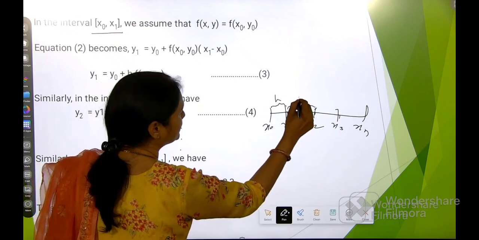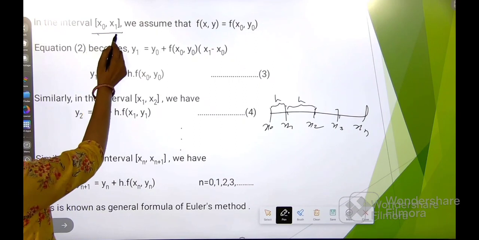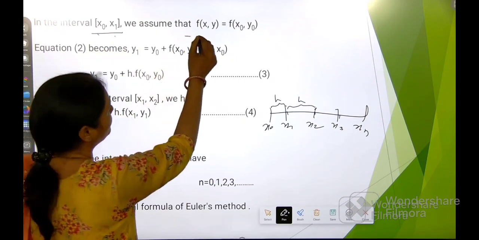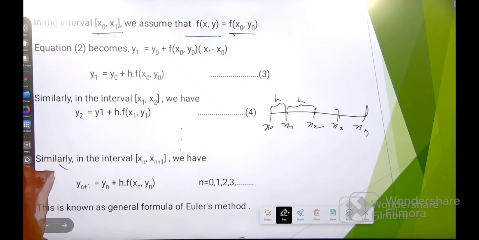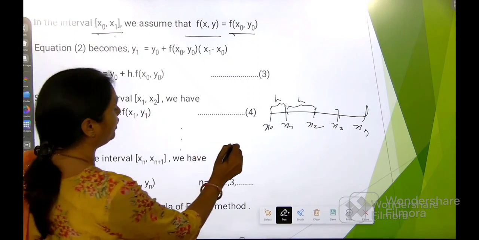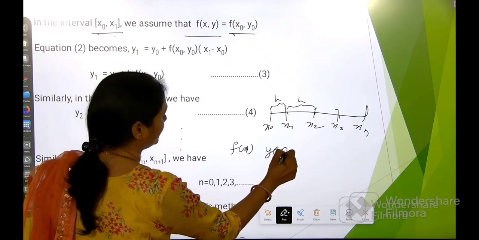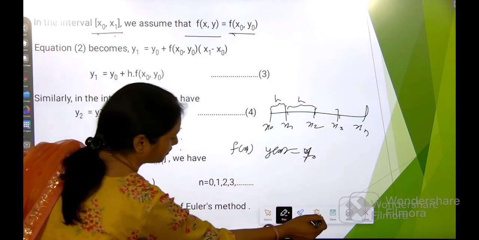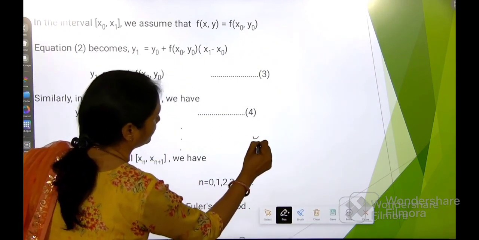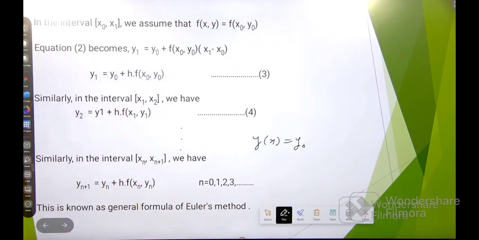Each sub interval has the width h. So here we have the interval x0 to x1. We assume that f of x comma y is f of x0 comma y0, since we are given the initial condition y of x0 is equal to y0.